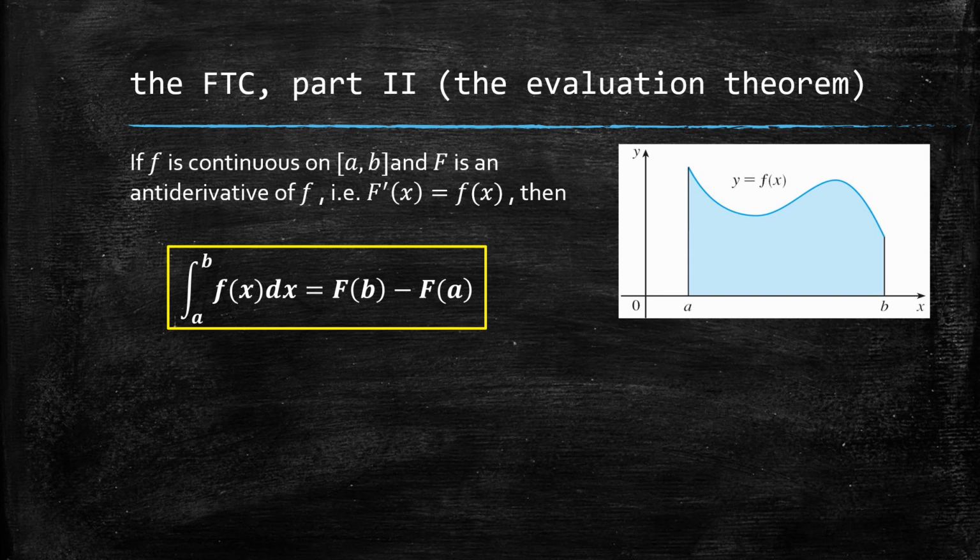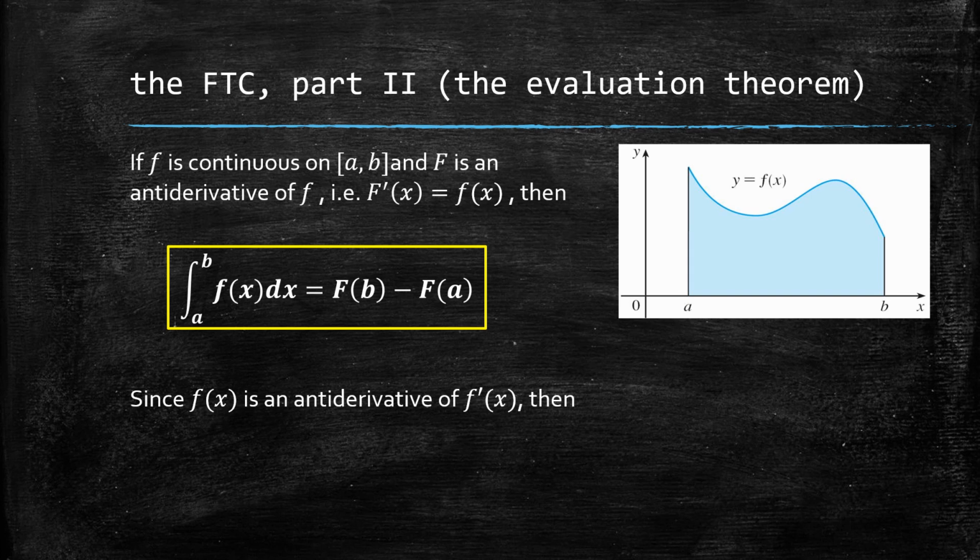Now, this theorem can be formulated slightly differently, and in this next form it's sometimes referred to as the evaluation theorem. Instead of using little f and uppercase F, we could also recognize that f of x is an antiderivative of f prime of x. I mean, f prime is just the derivative of f, so the reverse must be true.